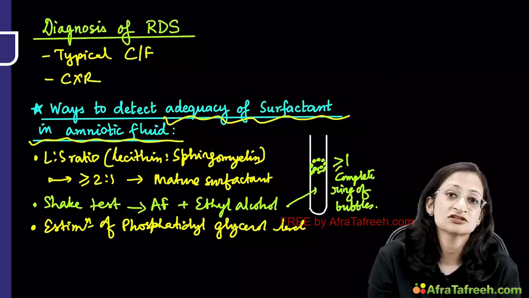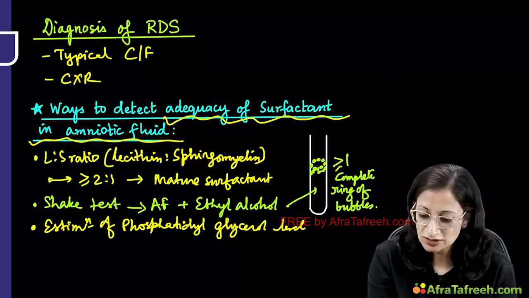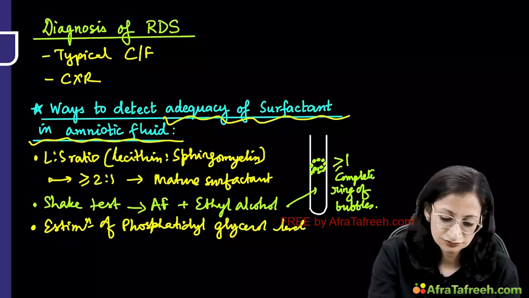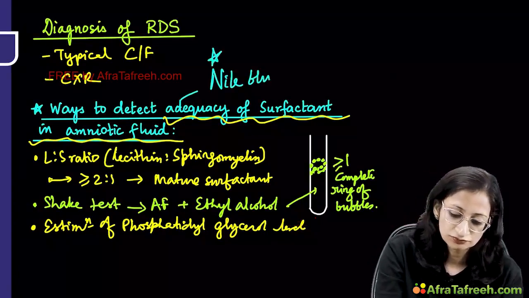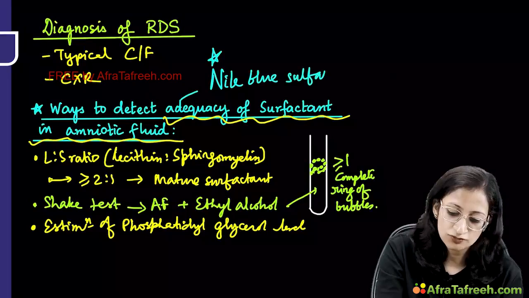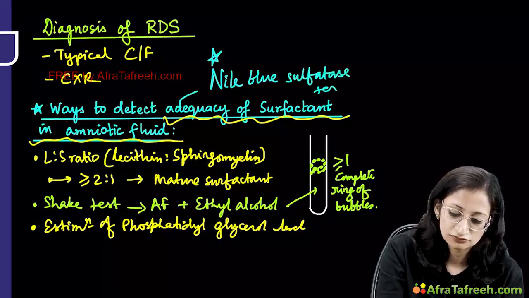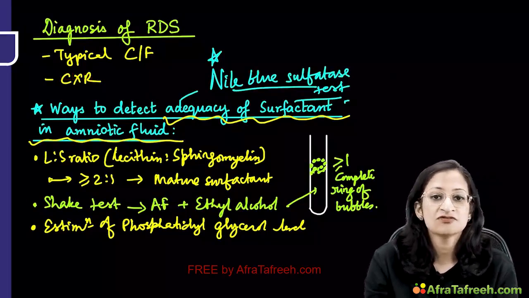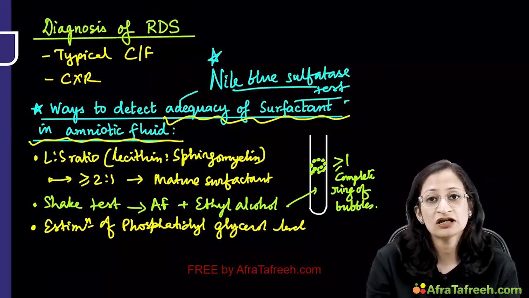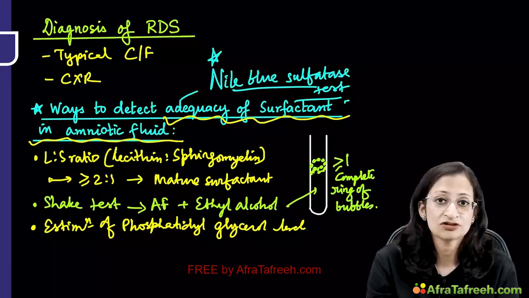The answer is lung maturity. So, these are the ways by which, using amniotic fluid, you can get an idea whether the baby has an adequate amount of surfactant or not.